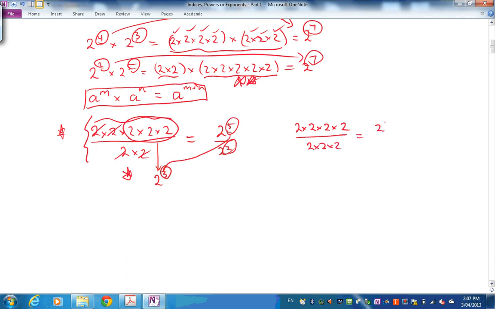This is 2 to the 4th over 2 cubed. What's the answer? Okay, try and work it out now. Let's pause it and see it here. They're going to cancel. It's just one 2, or 2 to the 1 if you like. Hey, could we have avoided this and stayed in Powerland? What would we have done?